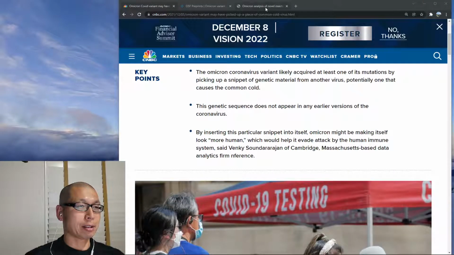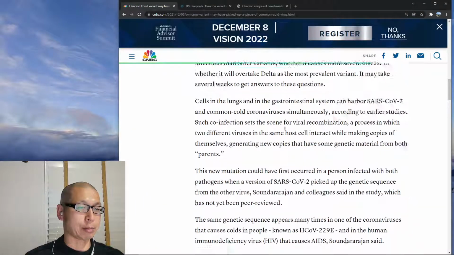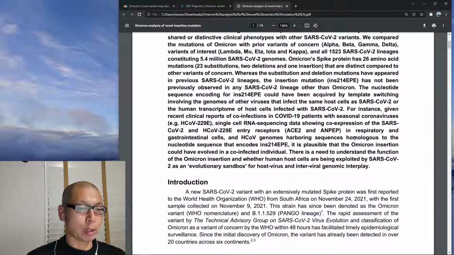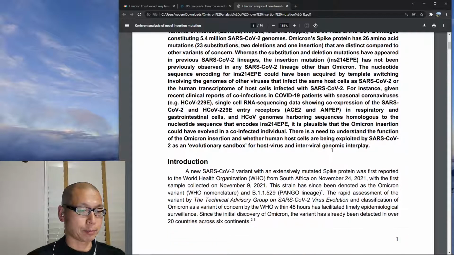All right, if you read the report, it goes into detail about those key points. Here's the actual paper. What they're talking about is this insertion in the spike protein at position 214.